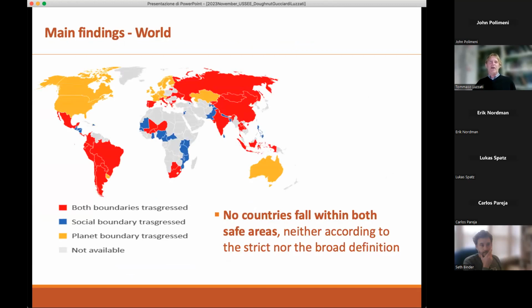So in the red countries both boundaries are transgressed. And the conclusion, the result, is that no countries fall within both, within the donut, okay? Not according to the strict nor to the broad definition. And the gray ones are the countries for which we have missing data.